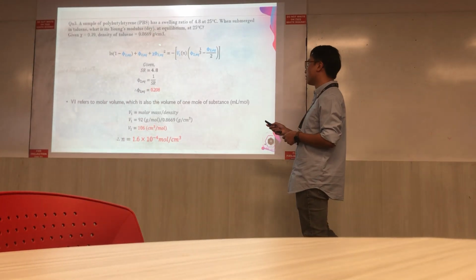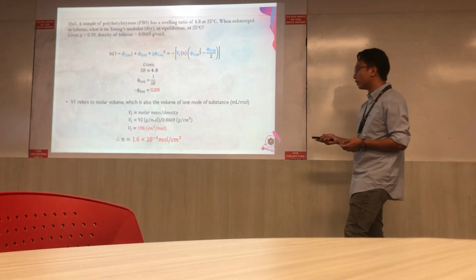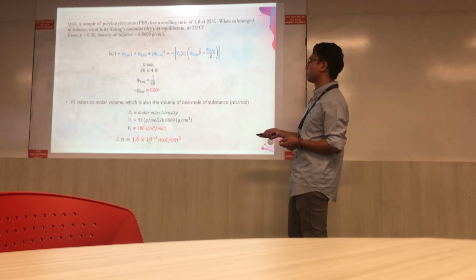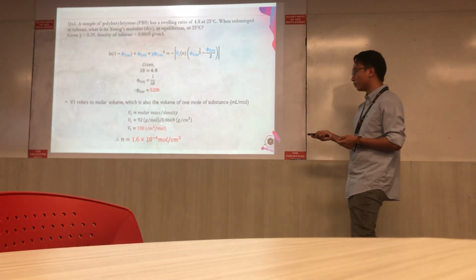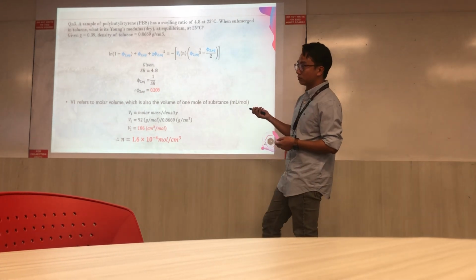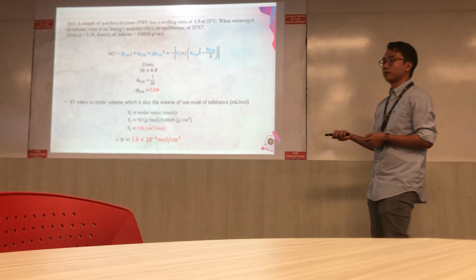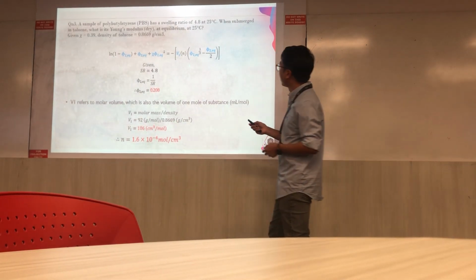Density is grams over cm cube, so cm cube is also your volume. So we will need something that is grams per mole. Then we can cancel off the grams to get cm cube per mole. And grams per mole is actually the molar mass of the solvent itself. So here, toluene molar mass is 92. I think it's not given.